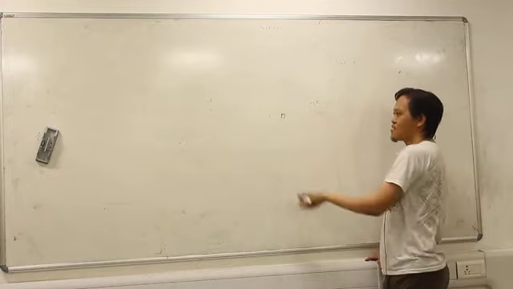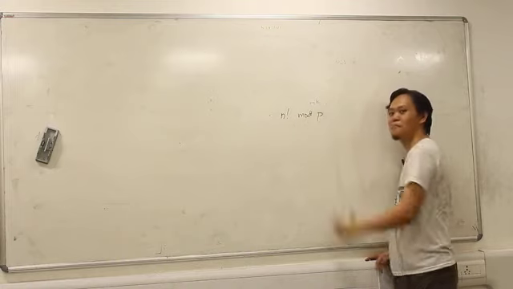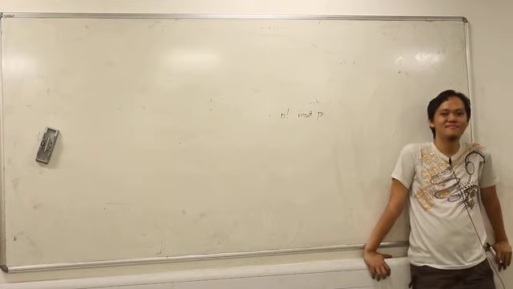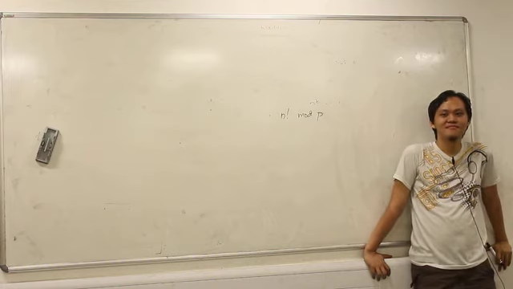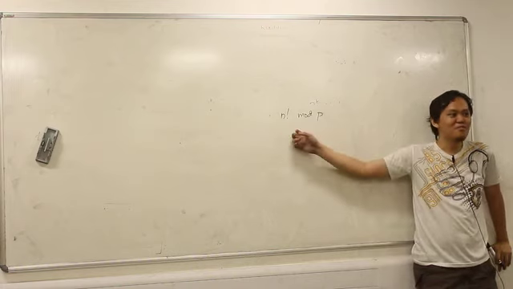Given n, compute n factorial mod p. How do you compute n factorial mod p? Of course, you can do it in O of n by simply multiplying 1 up to n.